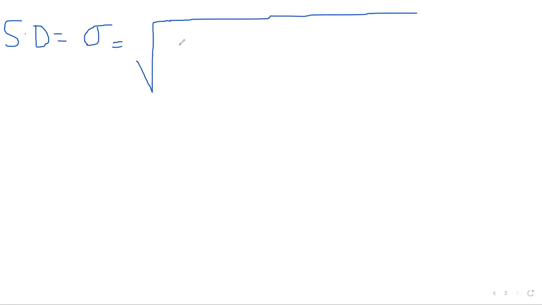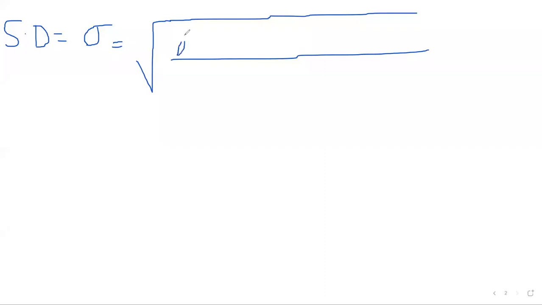See here what you will write. Infinite number of data, square root of the sum of the individual deviations squared. Individual deviations I will take from D1 to Dn.